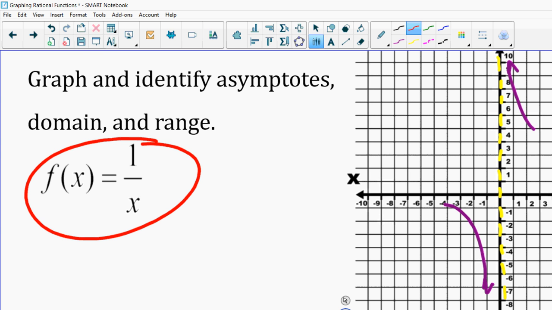Go to your table. Ah, snap. I don't want fractions. Let me go to mode. I want decimals. Let's see if that'll give me decimals. Well, that didn't give me decimals either.